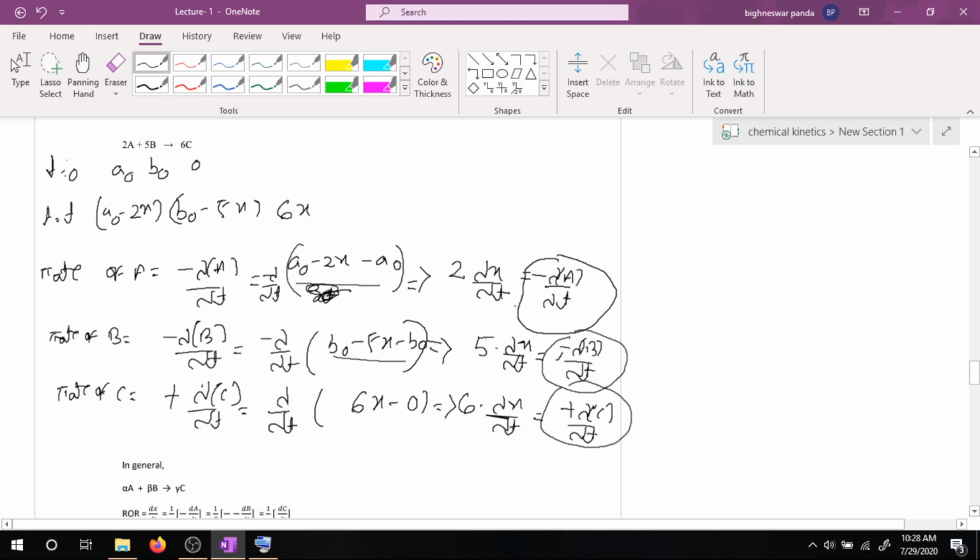So I can write the rate of reaction, dx by dt, in order to make all the rates equal, as 1 by 2 of minus dA by dt equal to 1 by 5 of minus dB by dt, equal to 1 by 6 of plus dC by dt.